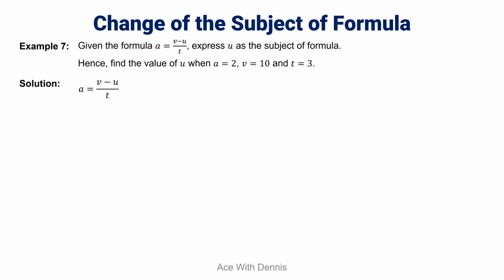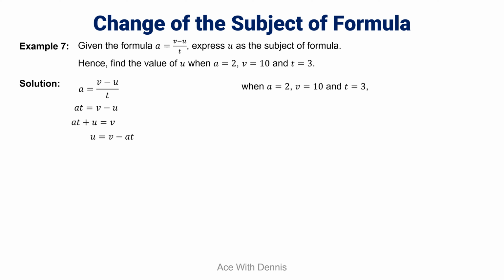Given the formula a equals v minus u over t, so I move the t to the left hand side, it becomes at equals v minus u. Then I move the u to the left hand side, at plus u equals v. And I move the at to the right hand side, so u equals v minus at. So I have made u the subject of the formula.